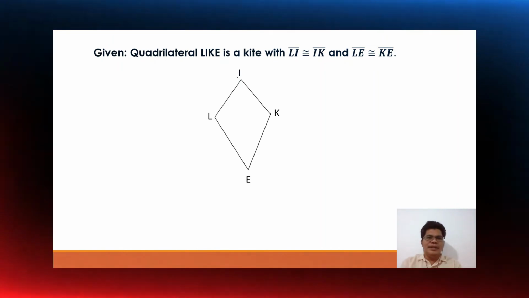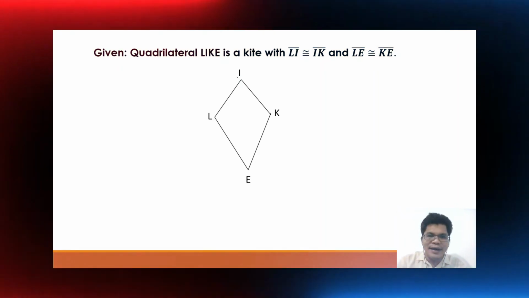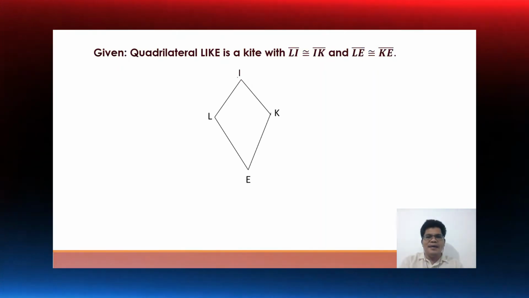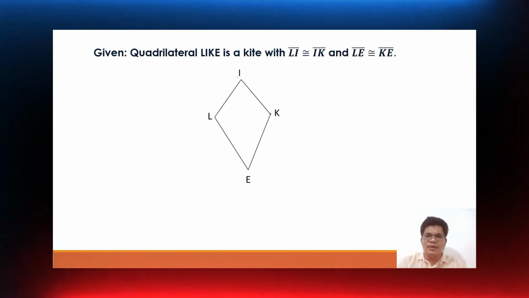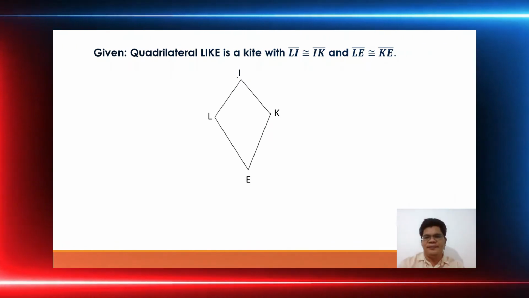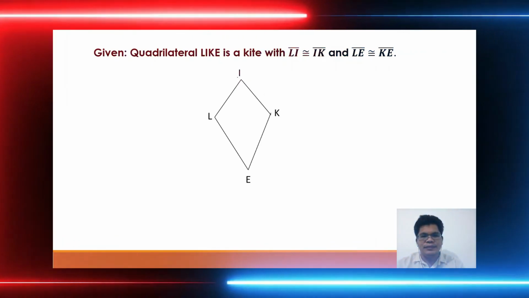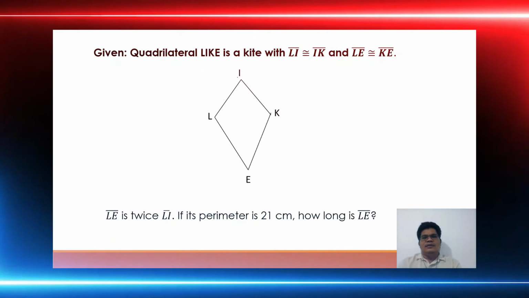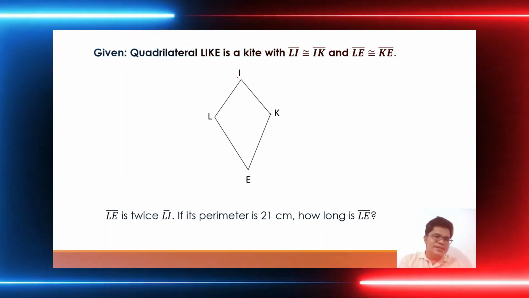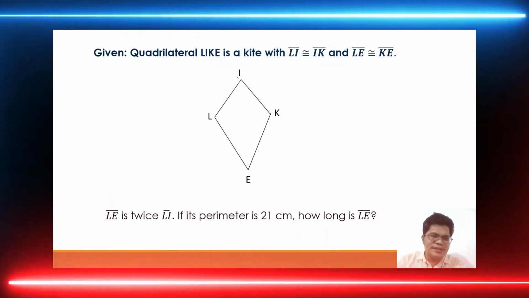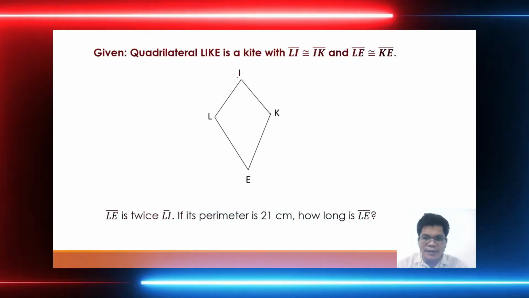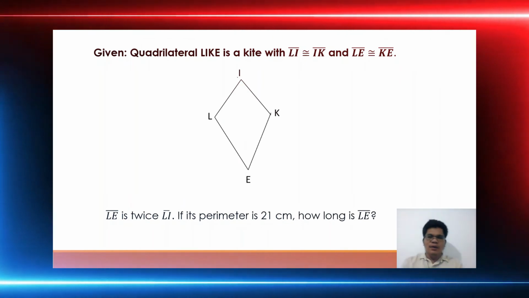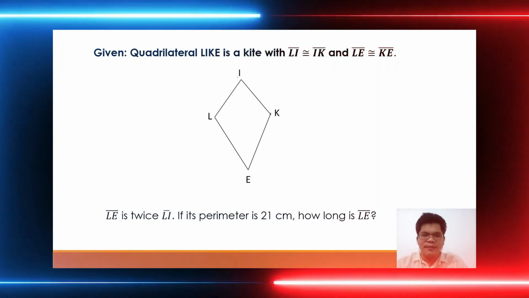Given, quadrilateral LIAKE is a kite with side LI congruent to side AK and side LE congruent to side KE. The problem is, side LE is twice side LI if the perimeter is 21 cm. How long is side LE?